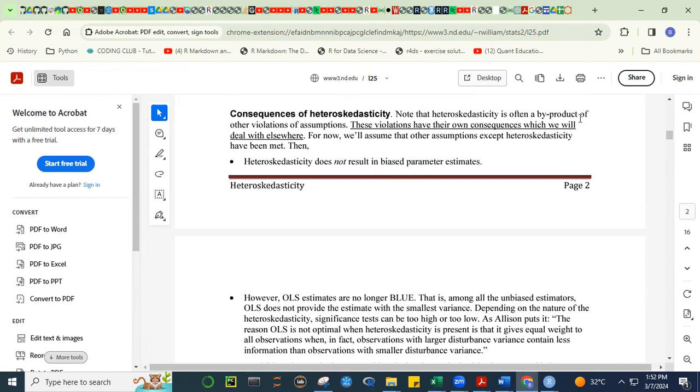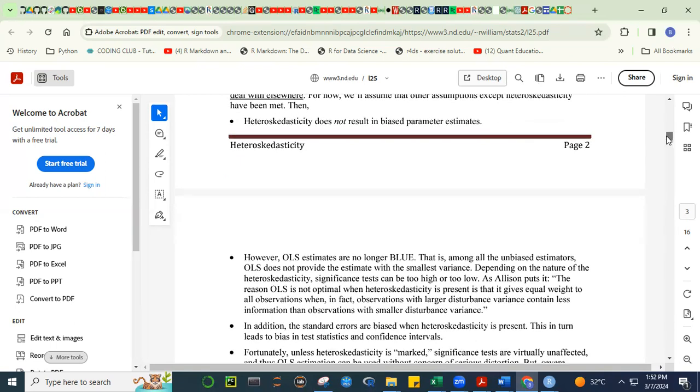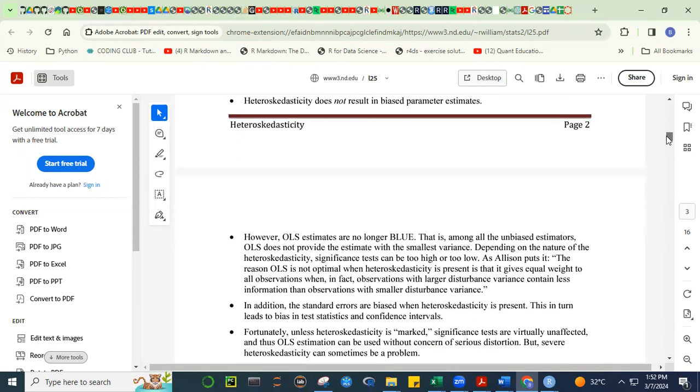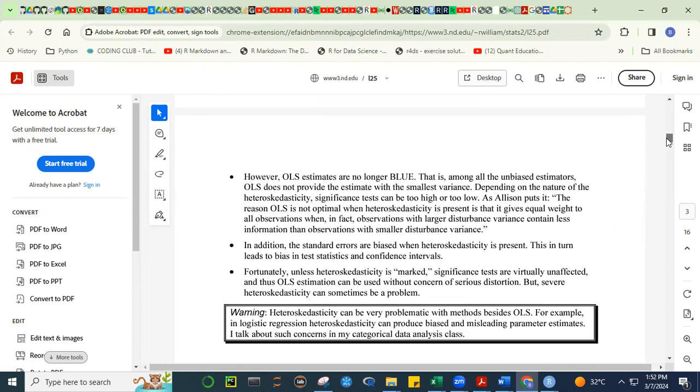Yung heteroscedasticity, pwedeng byproduct, or it can be caused by another cause, no? These violations have their own consequences. So it can be a byproduct of other violations of assumptions. Pwedeng baka yung nonlinearity ng data natin, nagko-cause siya ng heteroscedasticity.